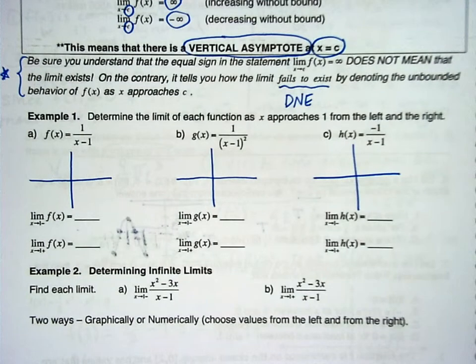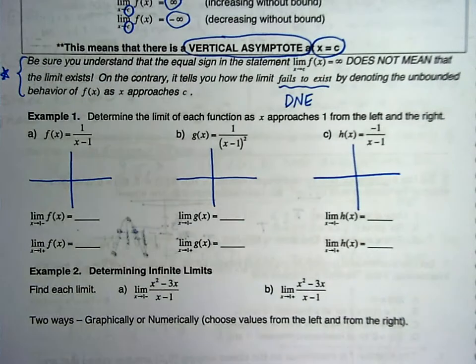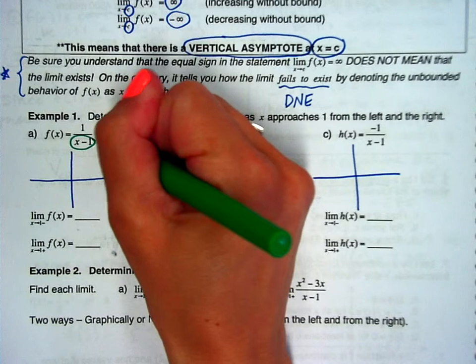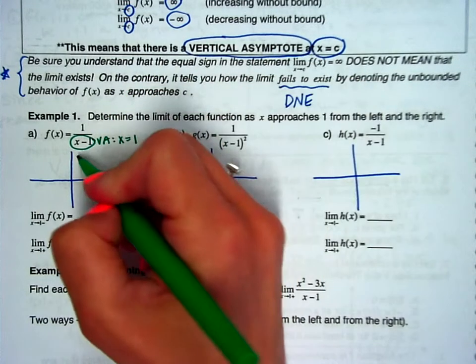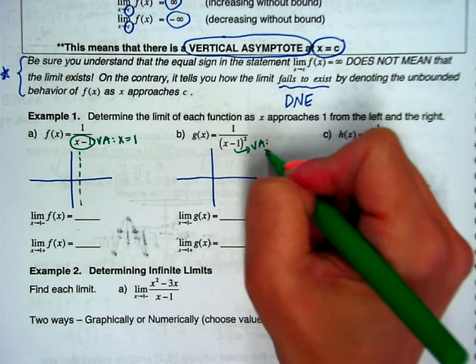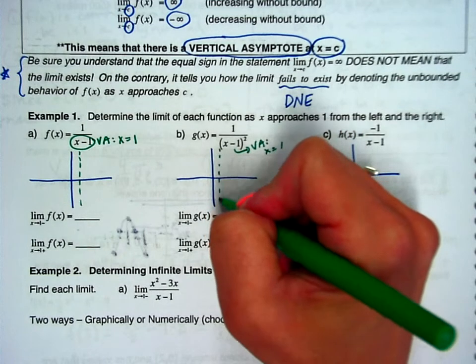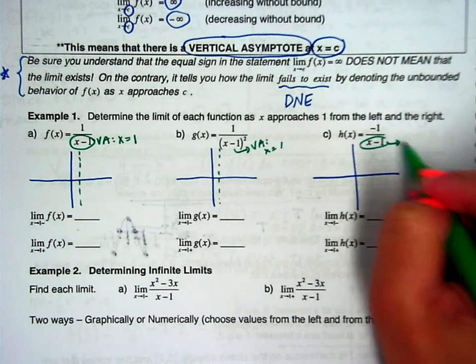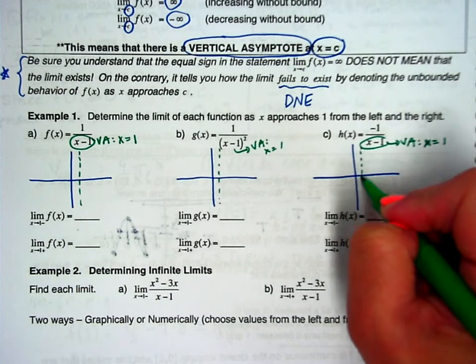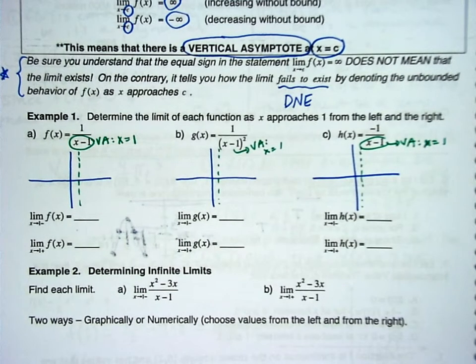Do they have x-intercepts? Any of them? All right, there's no x-intercepts.